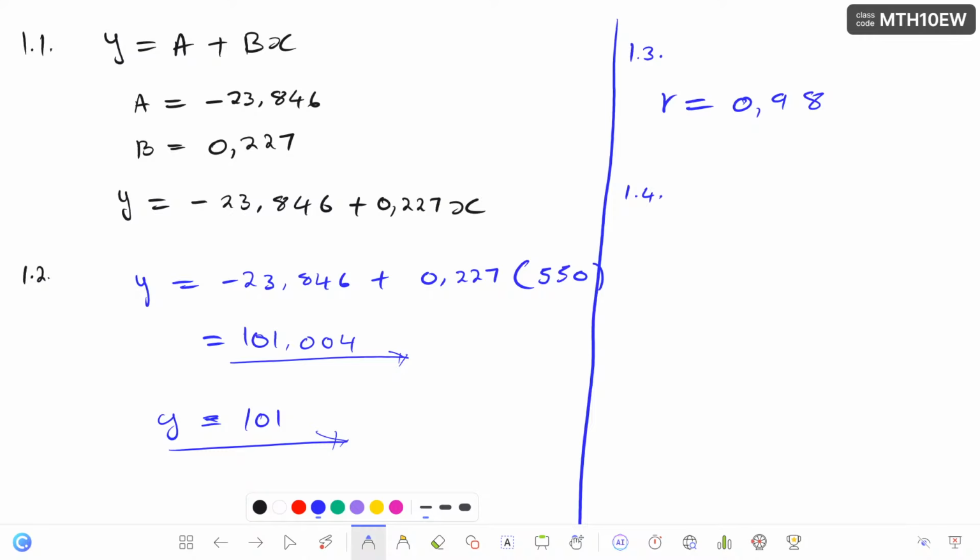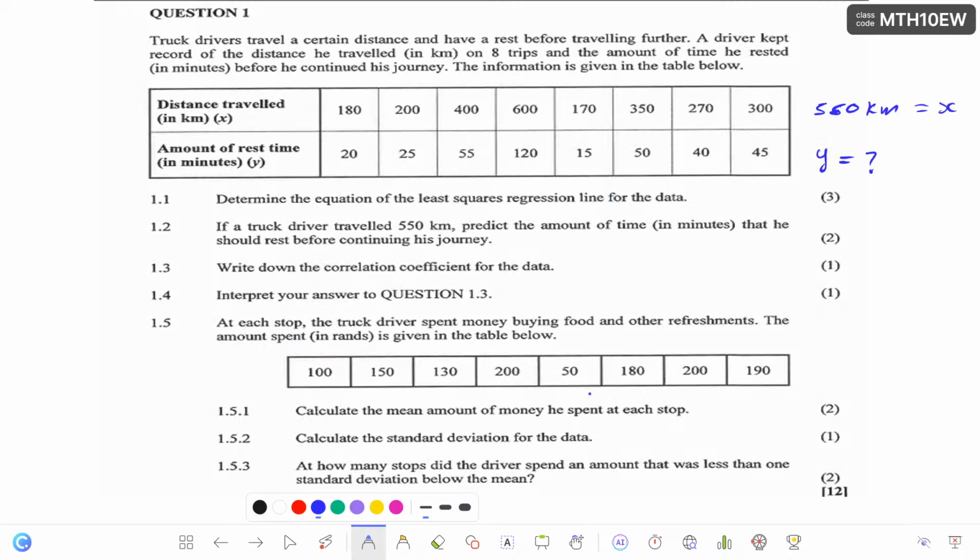That's the direction. And this number is close to 1, so we can consider this one as strong. So you can say very strong positive correlation. That's our answer for 1.4.